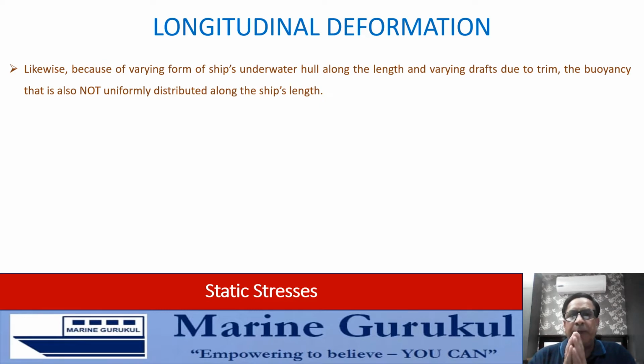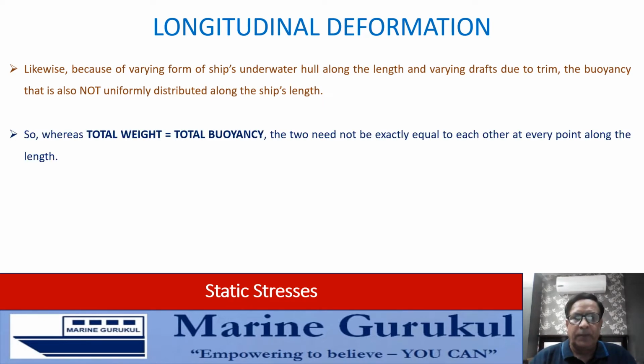So, because of this varying form of the ship's underwater hull along the length, and the varying draft of the ship, which could be because of the trim, the buoyancy is not going to be uniformly distributed along the ship's length. We have just said the weights are not uniformly distributed. Likewise, the total buoyancy is going to be equal to the total weight, no doubt, but is it going to be uniformly distributed?